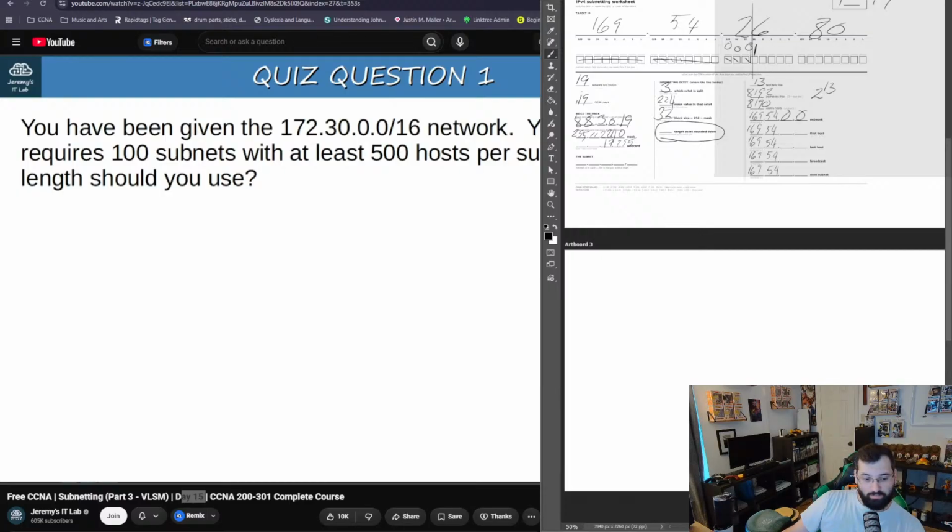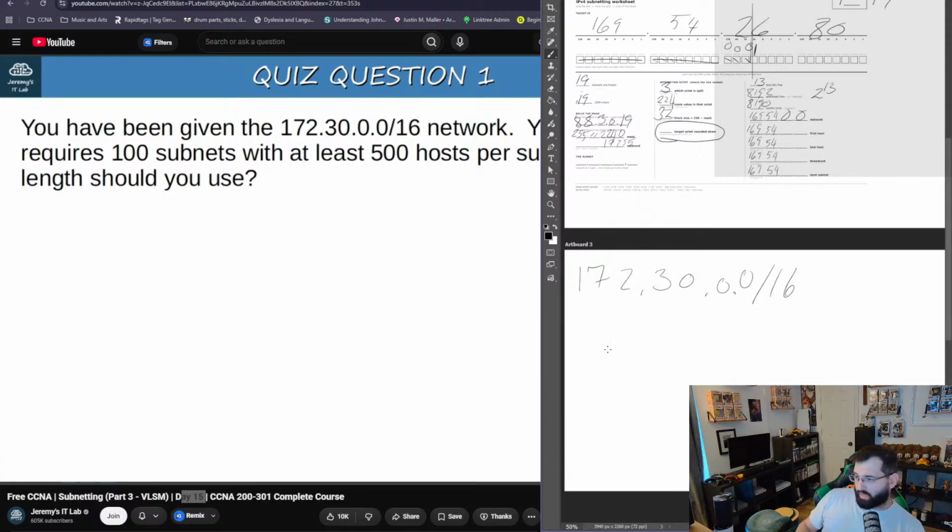Okay, fantastic. So what we have here is 172.30.0.0/16. It says you require 100 subnets, at least 500 hosts.